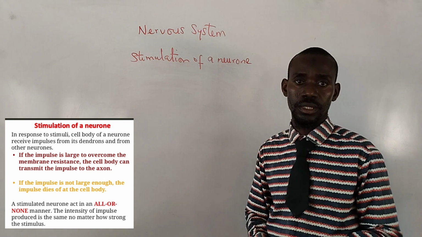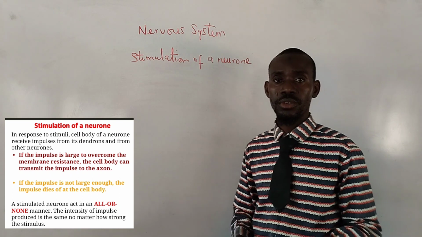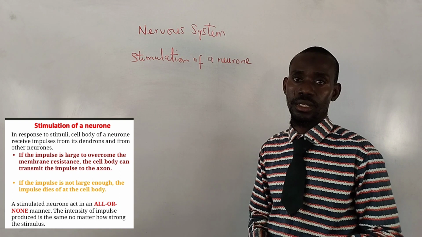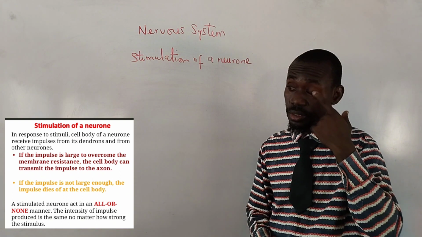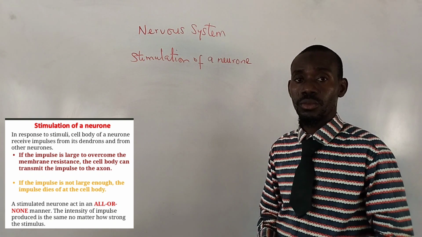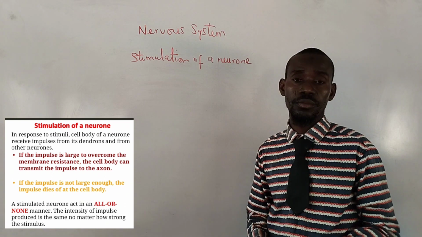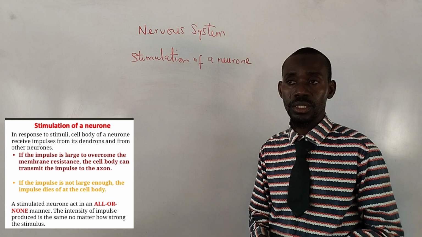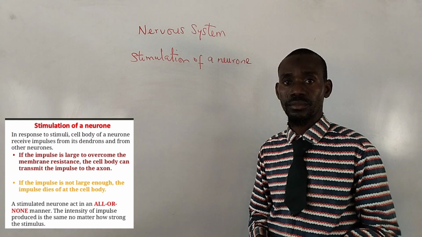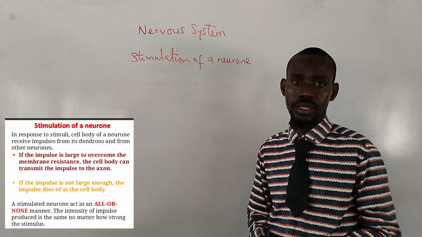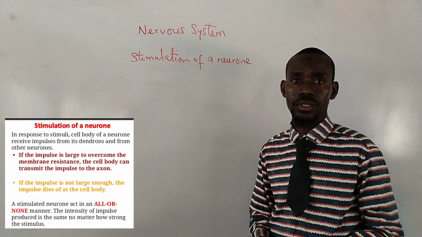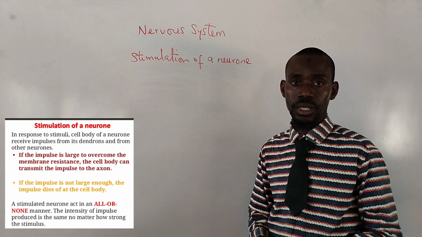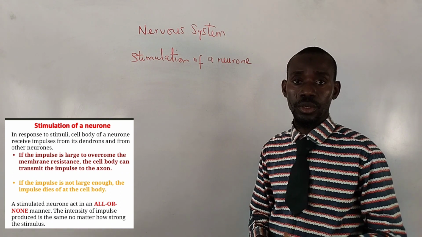the cell body. So a stimulated neuron acts in an all or none manner. In an all, that is, when the impulse received by the cell body from the dendron is so large that it can overcome the membrane resistance, the impulses generated in this manner travel along the axon in a whole manner.